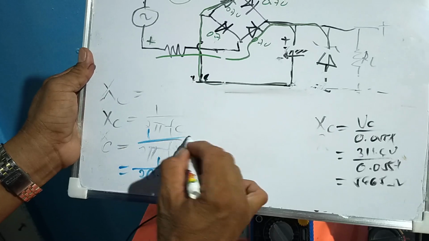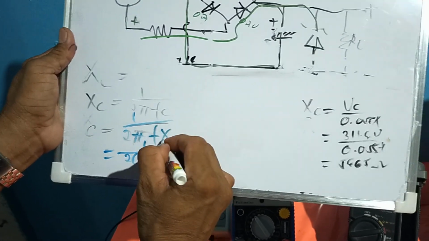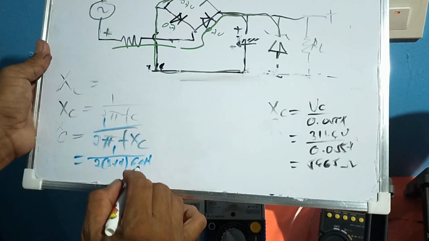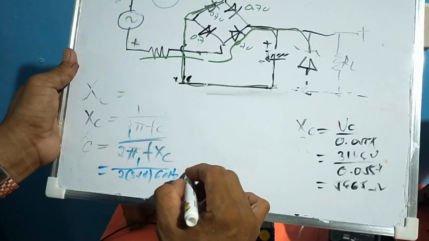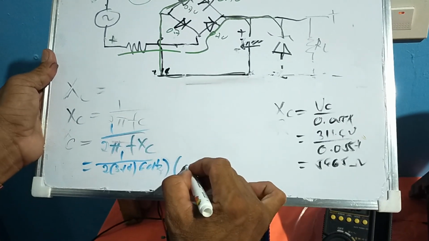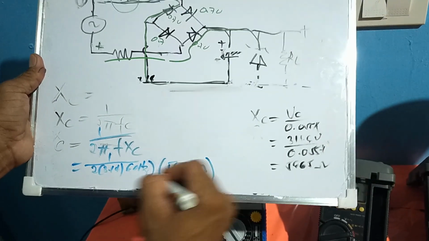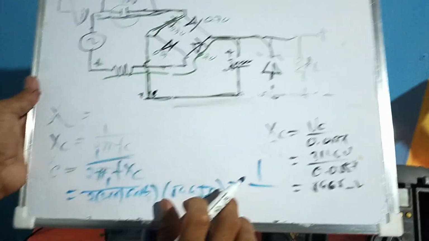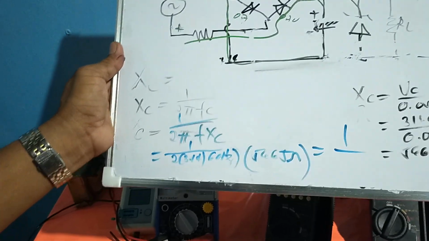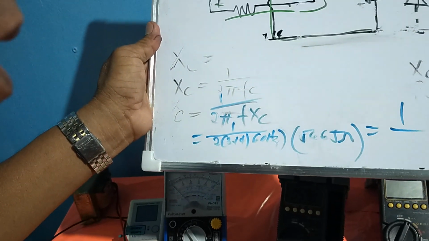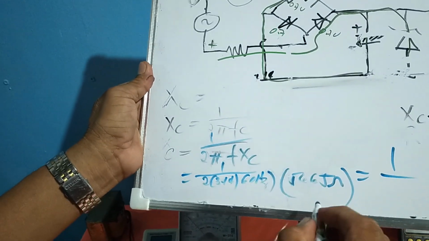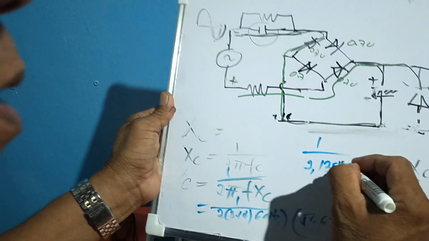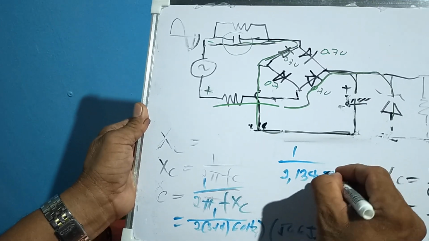So 1 over 2 pi F Xc. So 2 times 3.14 for the pi, frequency 60 Hz, times Xc, which is 5665 ohms. So if we are going to multiply all of the values here, the result would be 1 over 2,134,572.